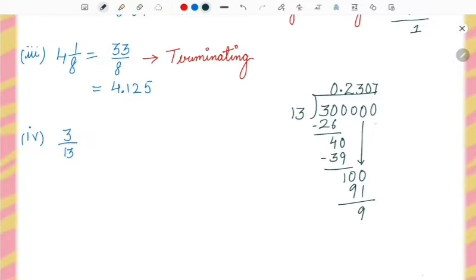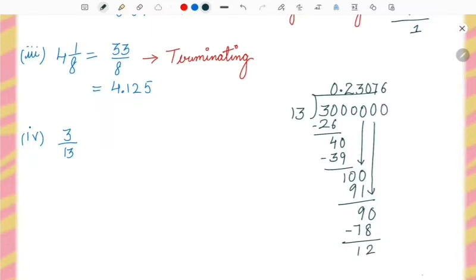We're adding another 0 because we don't see any repetition and the remainder is also not 0. That is why we will keep on dividing till the time we don't see any repetition or the remainder comes out to be 0. We have 90 then. 13 6s is 78. The remainder would be 12.